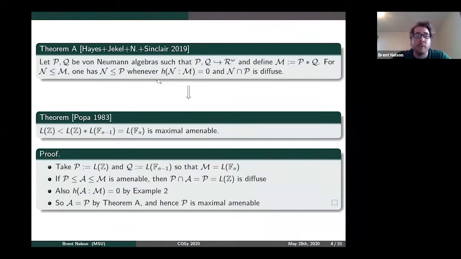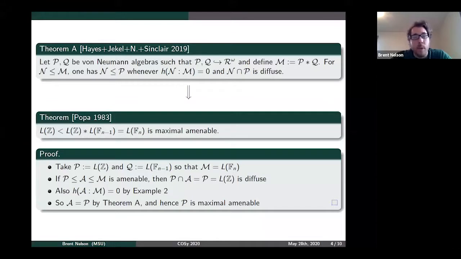So in that case, you can replace N with one of these normalizers, or the von Neumann algebra generated by it, and then just require that the intersection of P with that normalizer is diffuse. Okay, but for the purposes of this talk, we'll stick to the simpler version of the theorem.